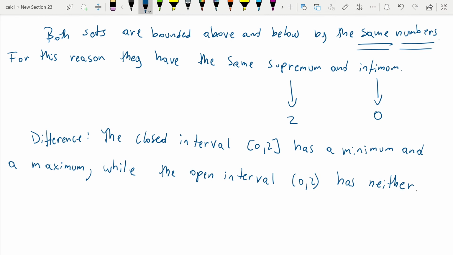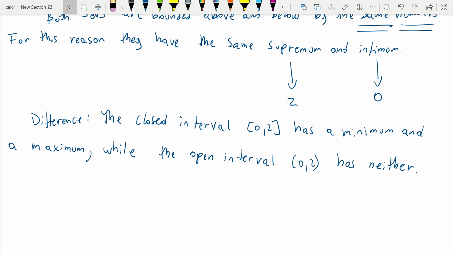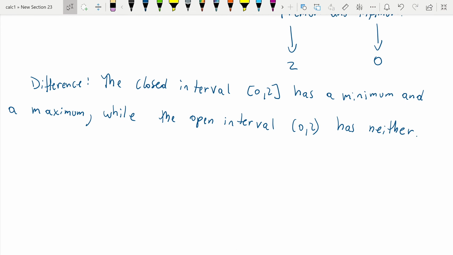You see, because 0 and 2, as we just discussed, 0 belongs to this closed interval and 2 as well, right? So because we include the endpoints when we consider a closed interval, then both 0 and 2 are the minimum and maximum. And the open interval, on the other hand, does not contain the endpoints, which are the infimum and supremum. Okay, that's the difference between the two sets.